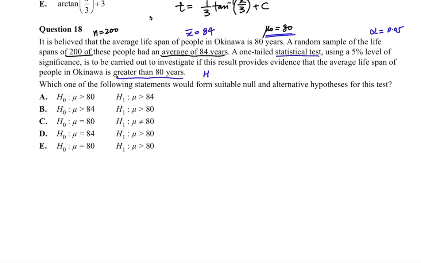So I'm using H0: mu equals mu0, whereas your alternative hypothesis is H1: mu is actually greater than the claimed value. So in this case, mu equals 80 against mu greater than 80. That's it. So the correct answer is option E.